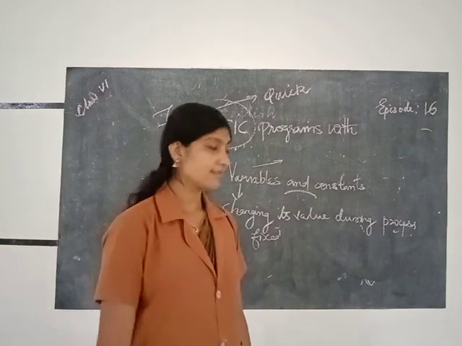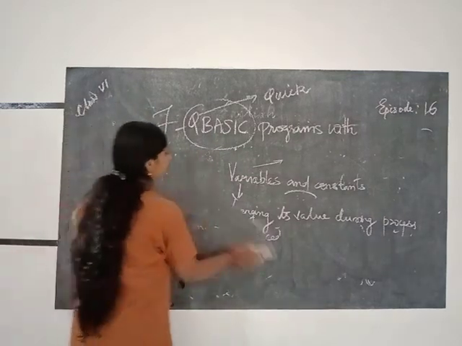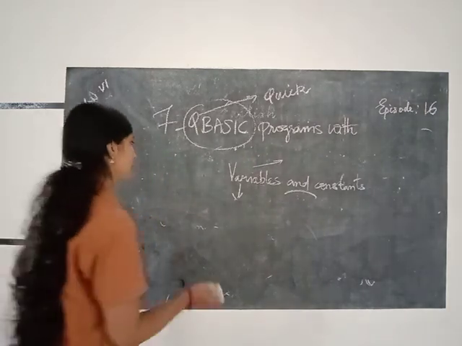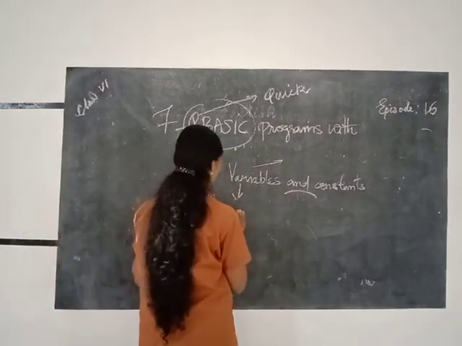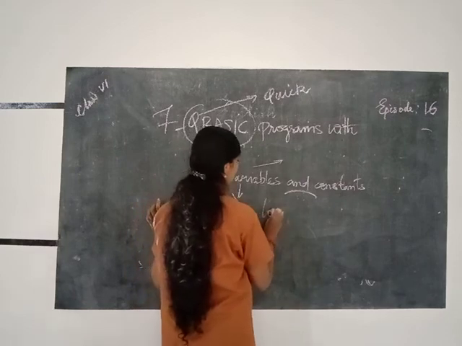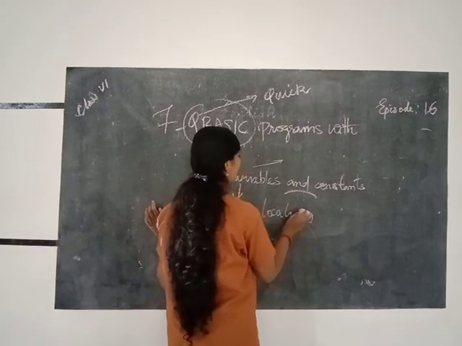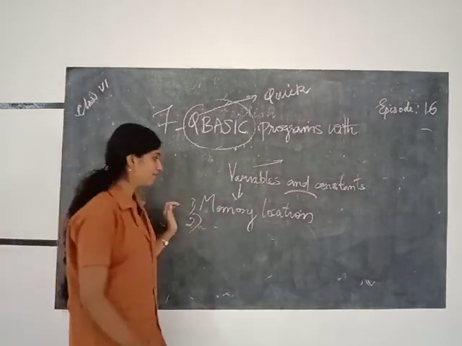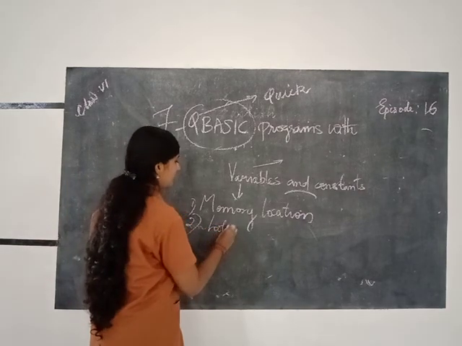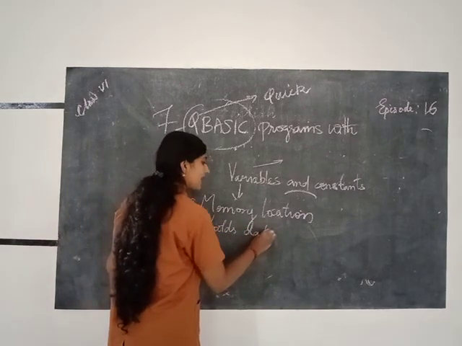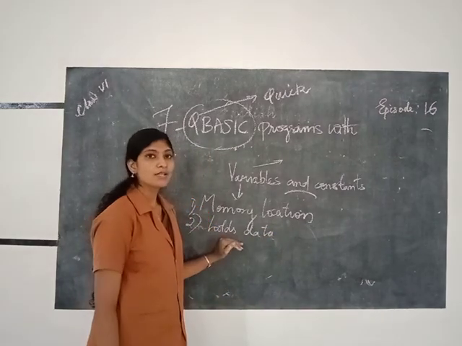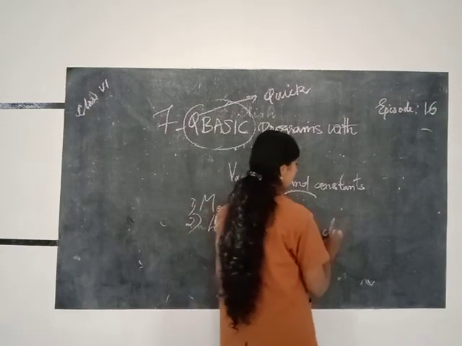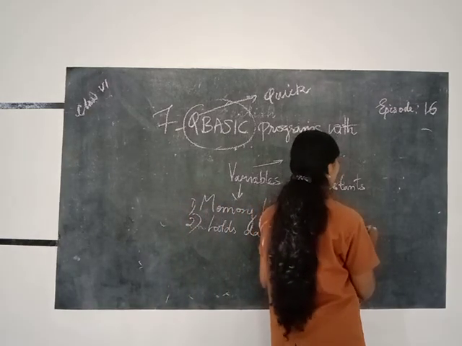So here what are the things about variables? First, a variable is a memory location. Then second point, it holds data, and that data or value keeps changing during the execution of a program.